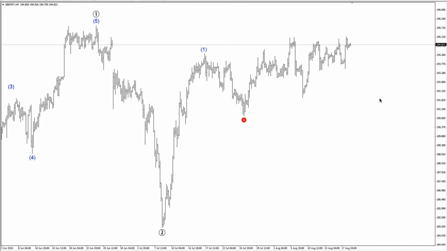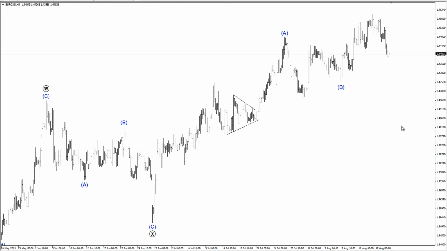I wouldn't trade this yet because it's very hard to say at this point on Pound Yen if this is a completed correction or we should still get more downside. I am more in favor that this correction is still in force and we should get more downside in the future.